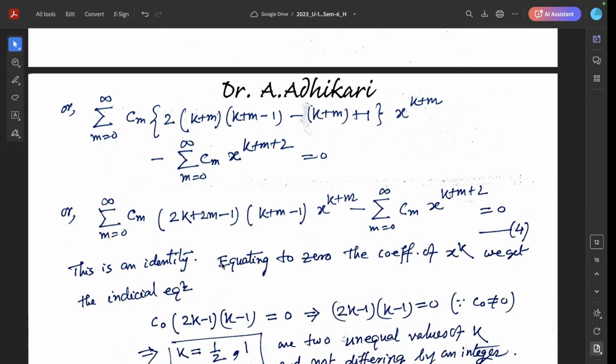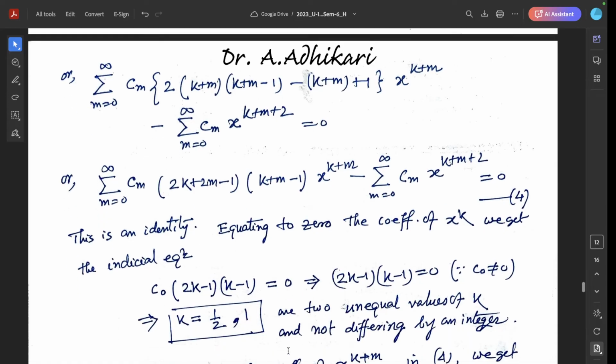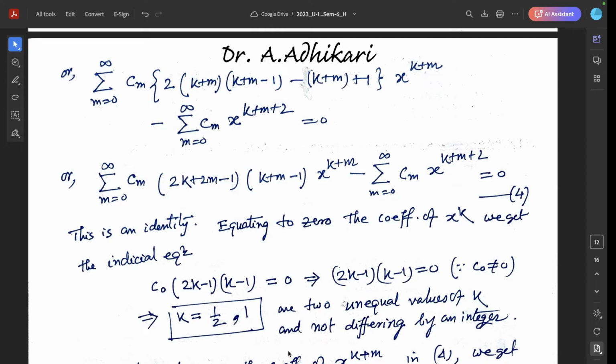And this is an identity equating to 0. The coefficient of x to the power k, we get in this equation c0 (2k minus 1)(k minus 1) equal to 0, and c0 not equal to 0. So obviously k equal to half and 1 are two unequal values of k, not differing by an integer.